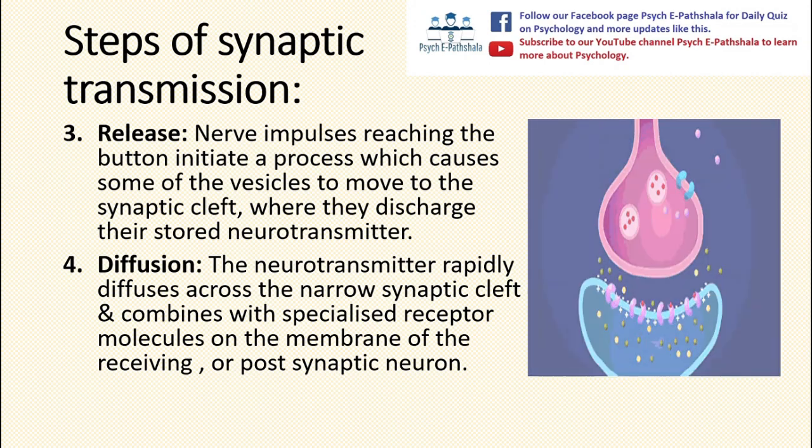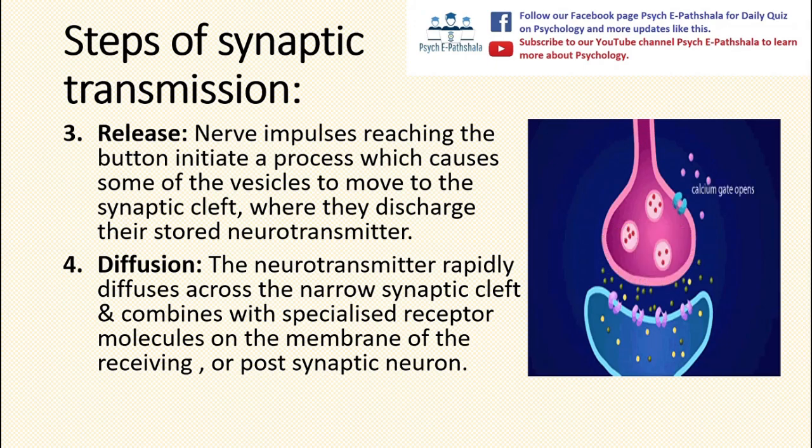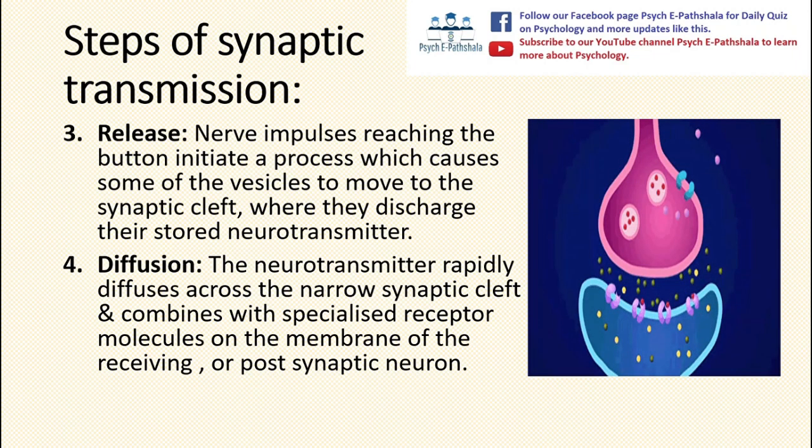The next step is diffusion. The neurotransmitter readily diffuses across the narrow synaptic cleft and combines with specialized receptor molecules on the membrane of the receiving or postsynaptic neuron. You can see the animated version in the picture.